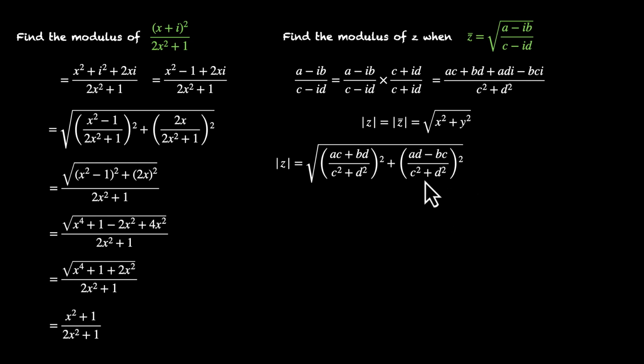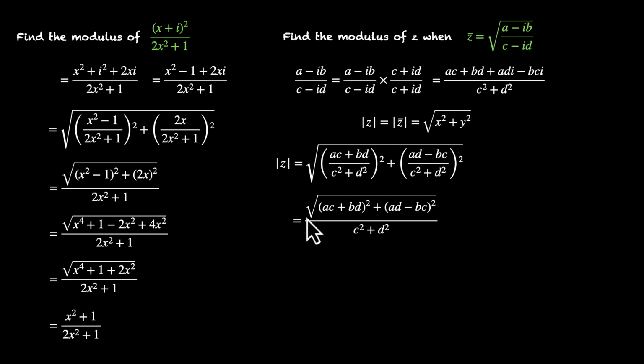So this is your imaginary part squared. Now the denominator is (c² + d²)², and then we take the square root. So square root and square cancel out. We have c² + d² in the denominator. We can cancel these things out because we're dealing with only positive values. c² + d² is positive.